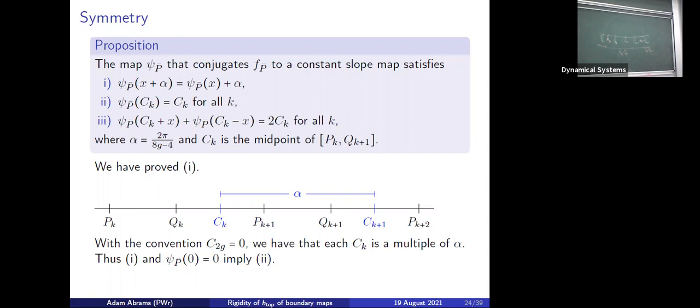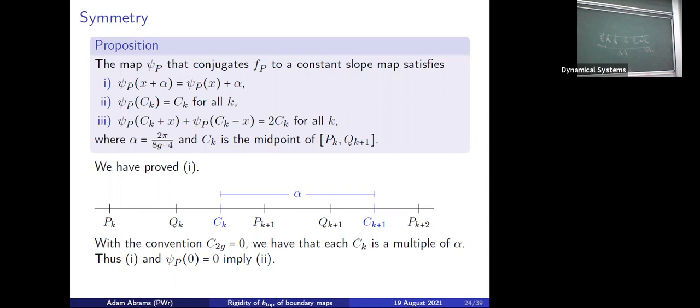And using property 1, which says that psi of x plus p equals psi of x, and then adding alpha at the end, that means that once one of those is fixed, the rest of them are fixed. So property 2 comes immediately from property 1, really.